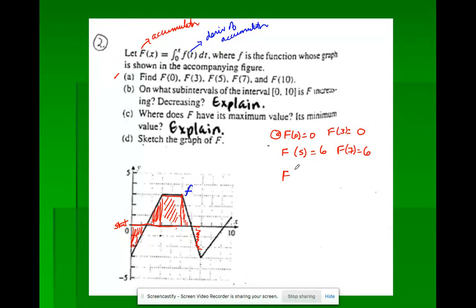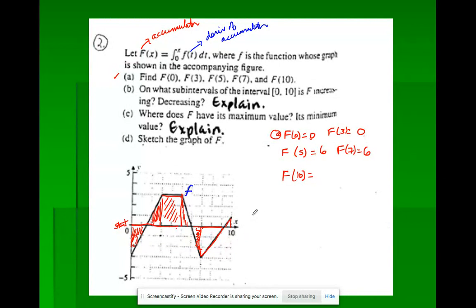But what about F of 10? F of 10 is going to take the 0 plus the 0 plus the 6 and add this large rectangle, which is going to be a negative integral, and this teeny tiny little triangle.